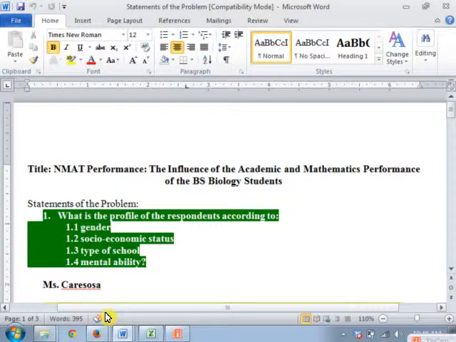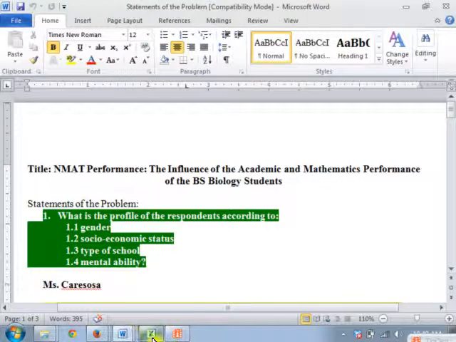What I'm trying to say is that if you're doing your thesis already, this problem number 3 may not be one of your statements of the problem, but the procedure for doing this may be one of your sub-problems. But in our class, for the sake of exercise, we made it a separate, individual statement of the problem. I hope you get the point.